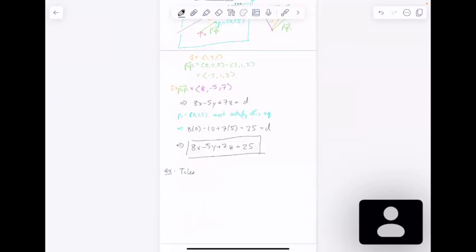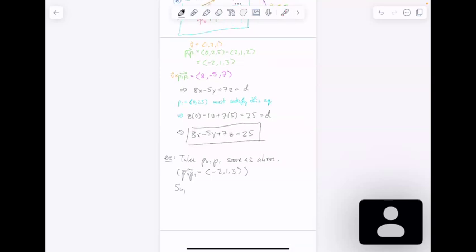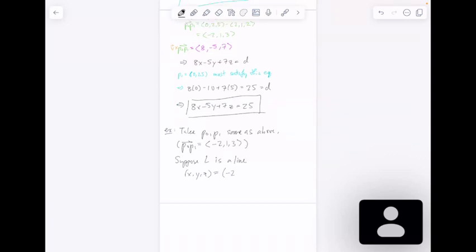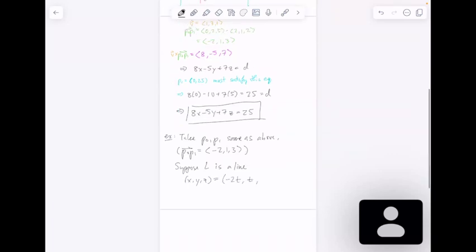Suppose now we take P0, P1, same as above. So the vector P0, P1 is now equal to what we calculated here. It's minus 2, 1, 3. All right. Suppose L is a line given to you by x, y, z equal to minus 2t, t, and let's make sure it doesn't go through any of our points, 3t.